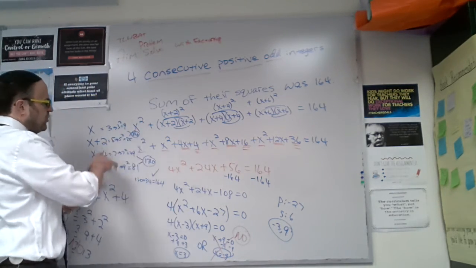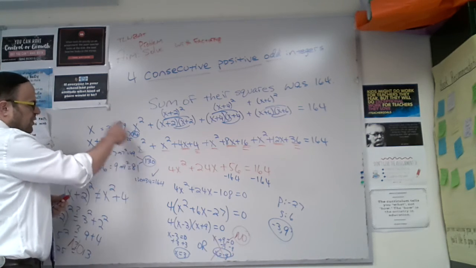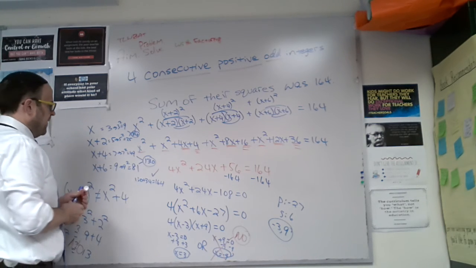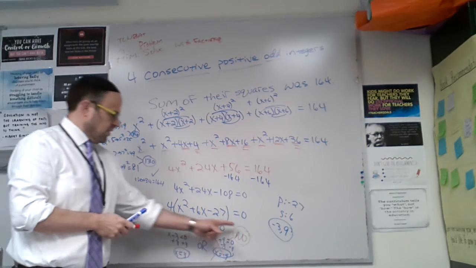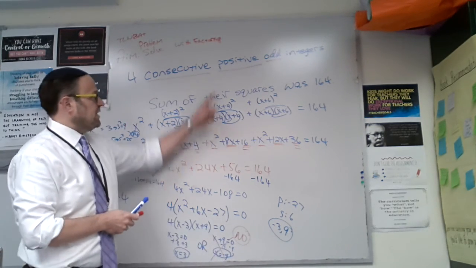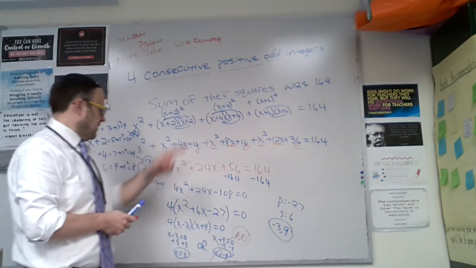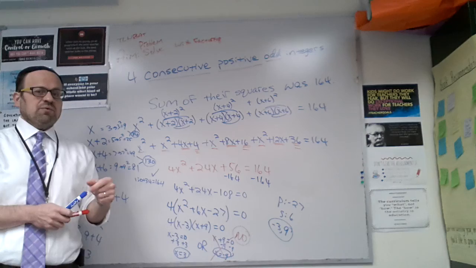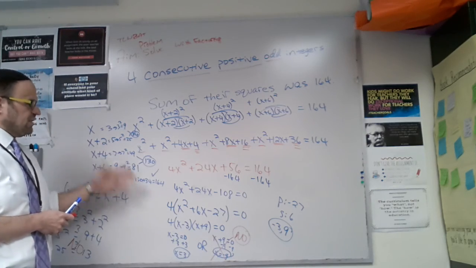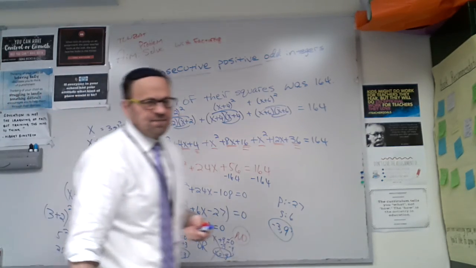Little mistakes that could come up are just little arithmetic mistakes here. But remember the jumps of 2. Remember eliminating answers that don't fit with the wording. And all of these problems allow you to check your own work like this to make sure you've done it correctly. Have a great day.